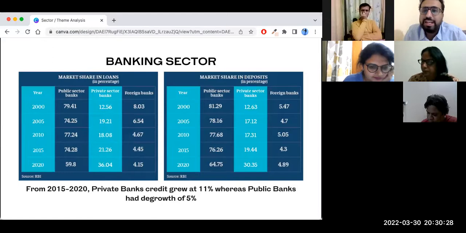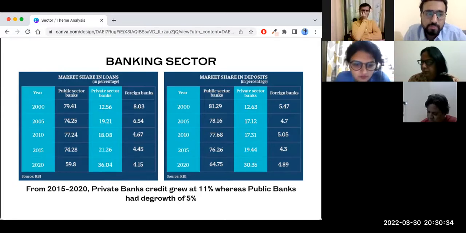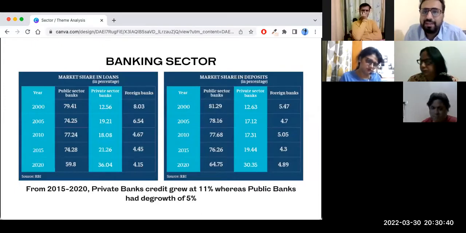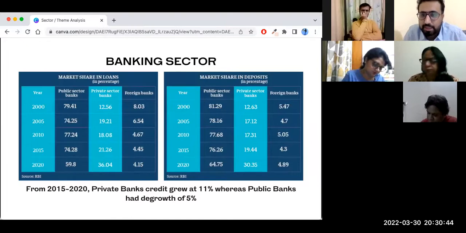In the year 2020, that number has reduced to 59.8%, let's say 60%. The private sector banking has been able to increase its market share from 12% to 36% in 20 years.